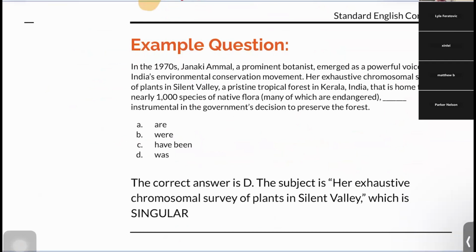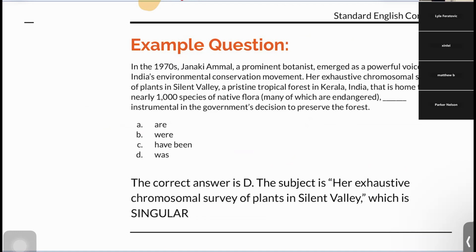Okay. In the 1970s, Janaki Amal, a prominent botanist, emerged as a powerful voice in India's environmental conservation movement. Her exhaustive chromosomal survey of plants in Silent Valley, a pristine tropical forest in Kerala, India, that is home to nearly 1,000 species of native flora, many of which are endangered, blank instrumental in the government's decision to preserve the forest.